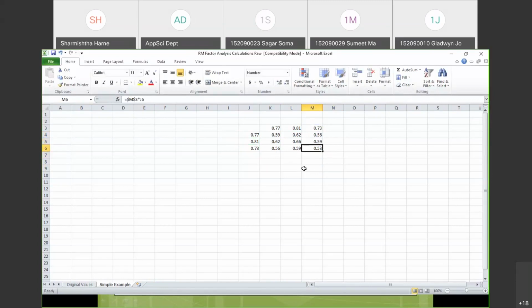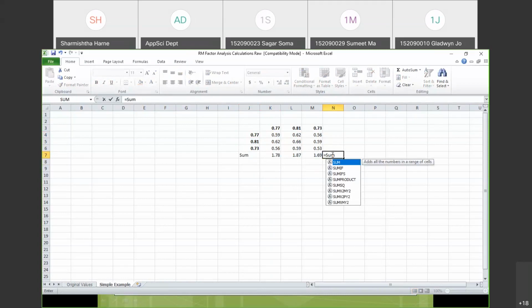So we have this. We will do the same thing. We will add this sum, what we did in the earlier matrix. So let me highlight this. 1.78. And this is the grand total, if you want to call it. Okay.